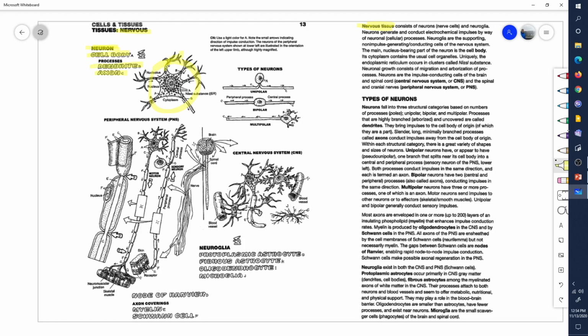These funny looking finger-like processes here are called dendrites. And what they do is they take signals inward and they send messages into the neuron. This other area down here is called an axon. It takes information outward, out of the cell.